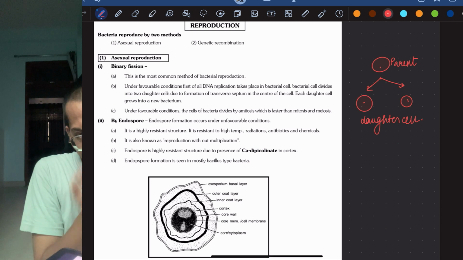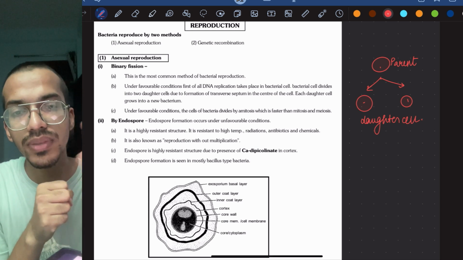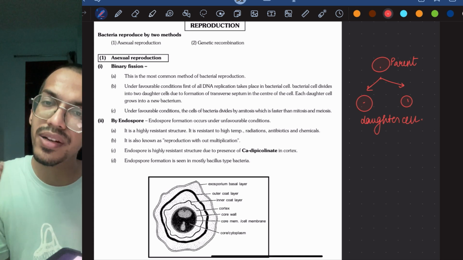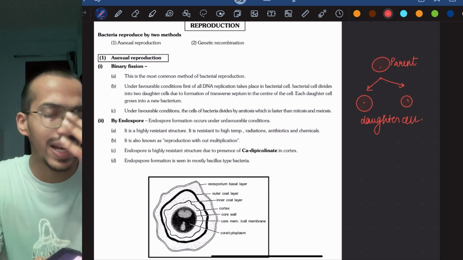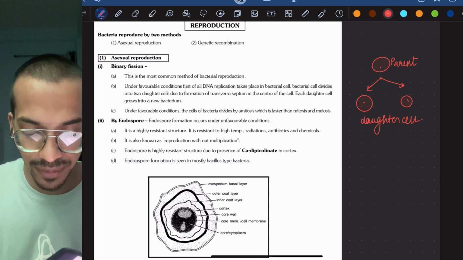The different layers or coating it forms protect it from the harsh environment. When the suitable environment comes back, it opens, bursts, multiplies, and comes out and regrows again.